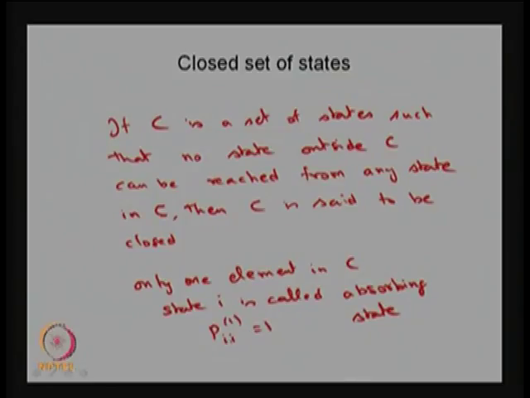That means, if you see the one step transition probability matrix, the diagonal element of that corresponding row is going to be 1. The system starting from state i moves in one step into the same state i with probability 1. If this probability is 1, then we say that state is an absorbing state. So, there are two ways we can define the absorbing state.